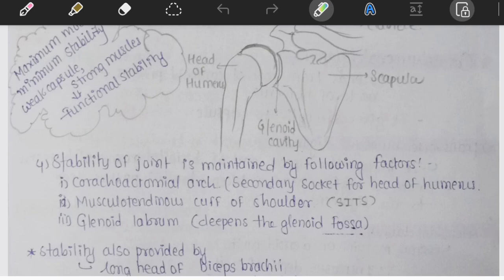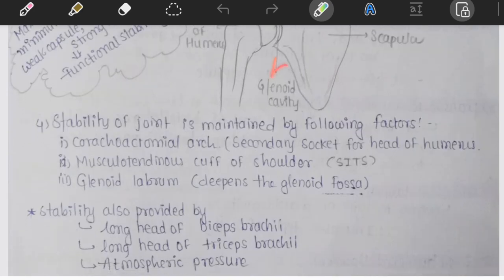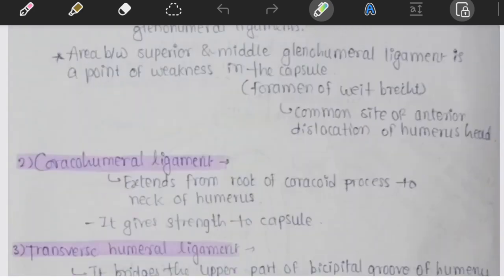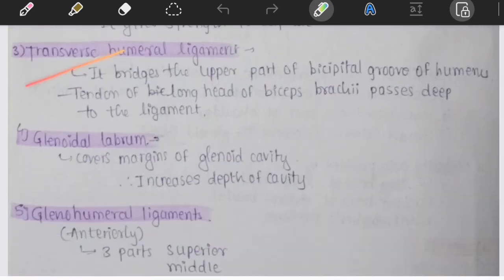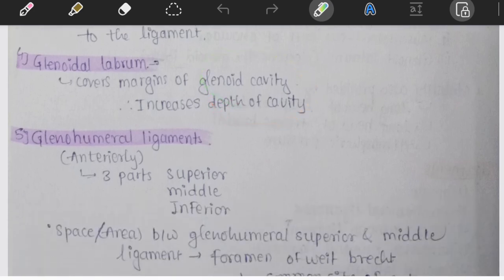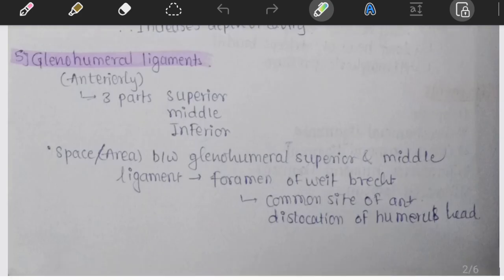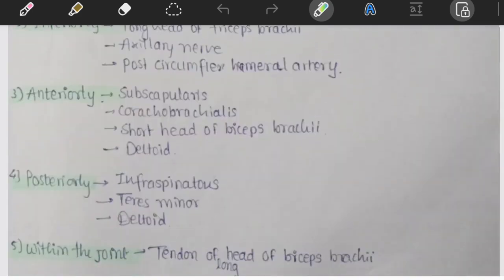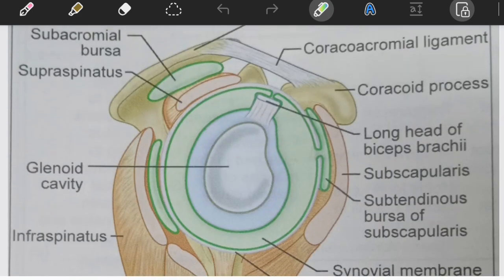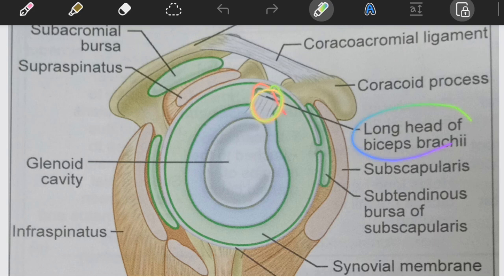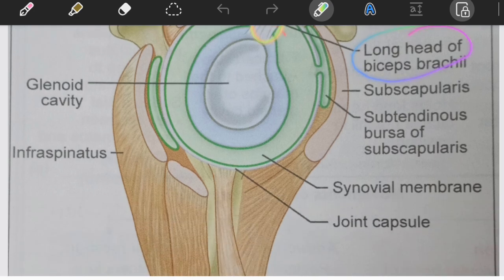Most common dislocation: anterior inferior dislocation. Bicipital groove ligament: transverse humeral ligament. Deepens the cavity: glenoid labrum. Inside the joint: long head of biceps tendon. This diagram is here; it is the long head of the biceps brachii tendon.